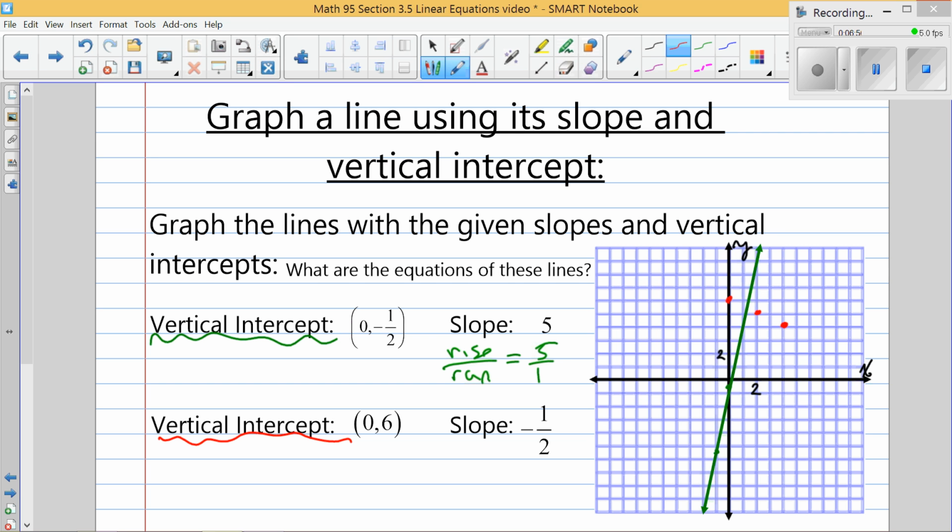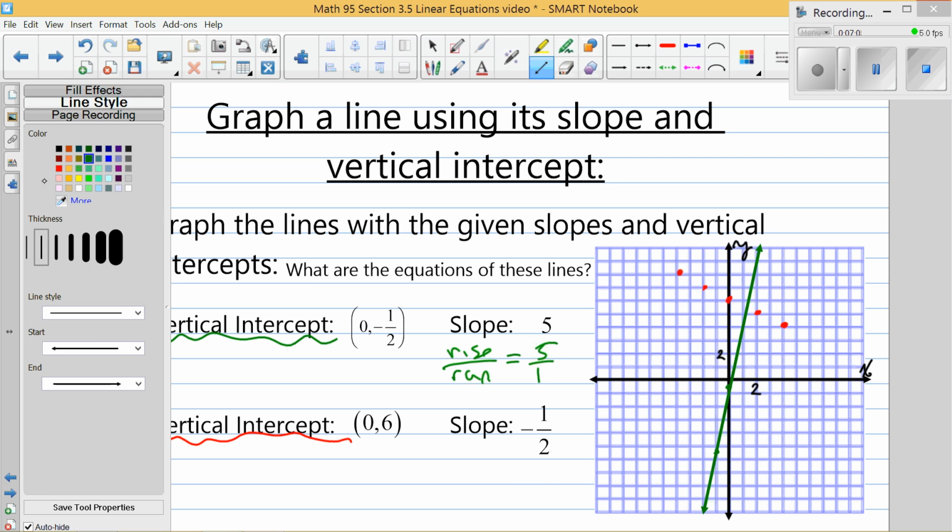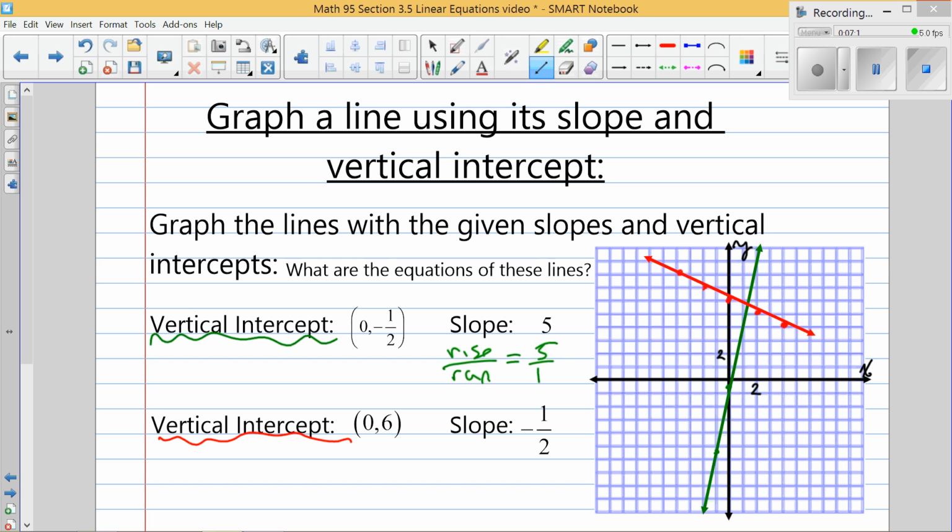If I connect these red dots in a line, I will have the graph of that other set of information.